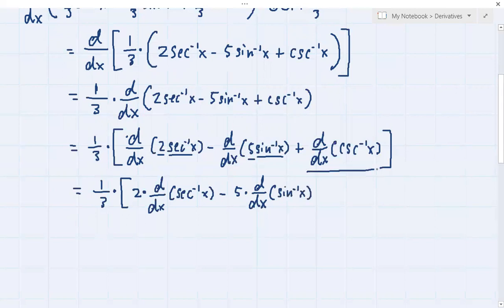In the last term, there is no visible constant except 1 as its coefficient, so we can differentiate arccosecant x easily.